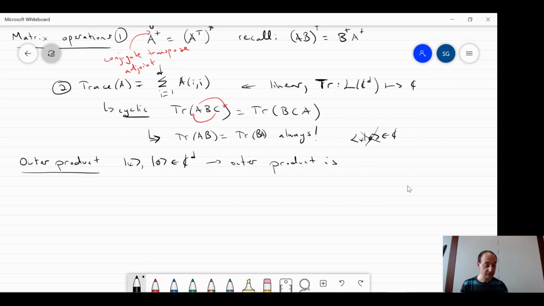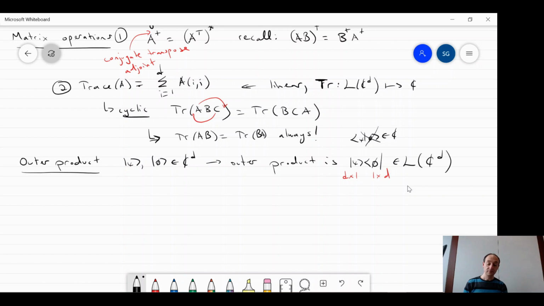But now I don't want to do this. Now I'm going to do the obvious thing, which is to swap the order of the bra and the ket. First I take a ket, and then I take a bra. This vector was d by 1, and this is 1 by d. So matrix multiplication tells me I'll get something that's d by d. It's a linear operator that is a d by d matrix.